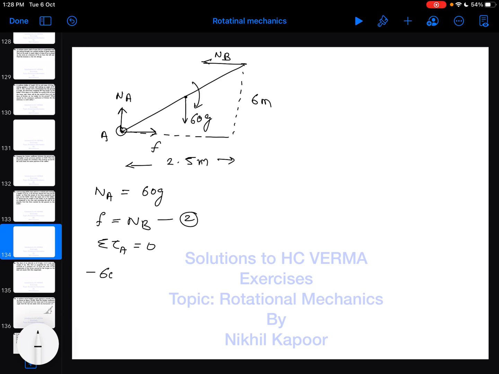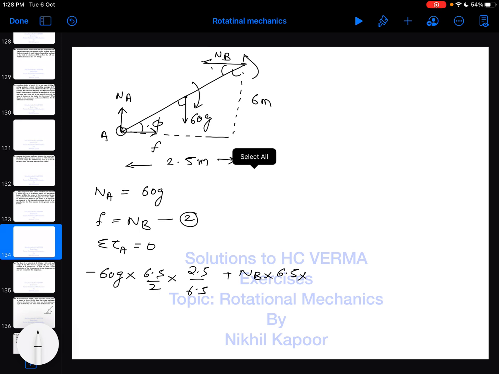So here clockwise, that is 60 into g into distance 6.5 by 2 into this angle, which is sine theta, and sine theta is nothing but side opposite upon hypotenuse. And the torque due to NB will be anti-clockwise, positive. So NB into 6.5 into this angle.